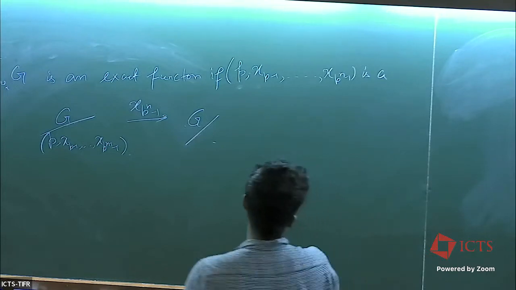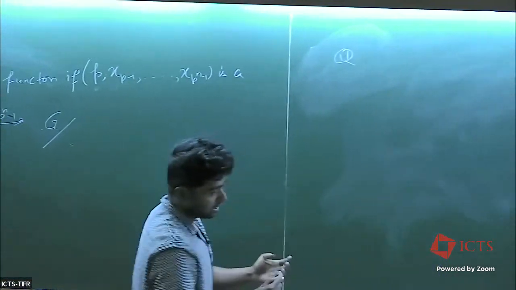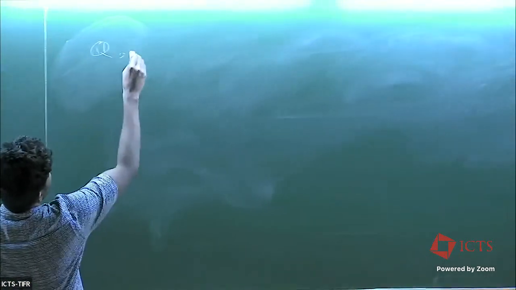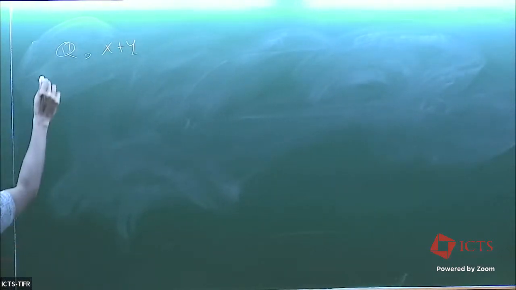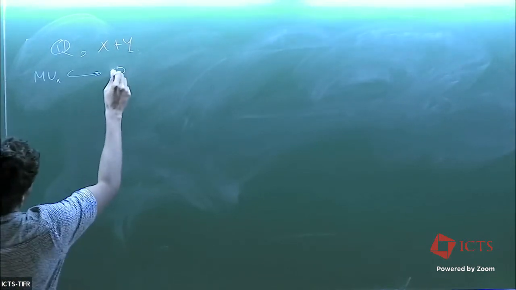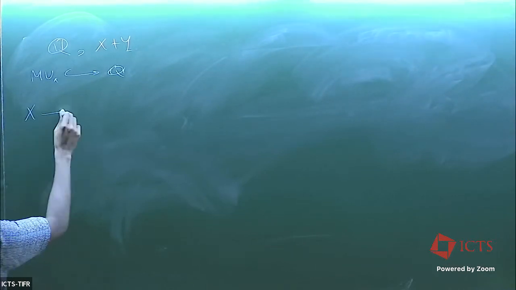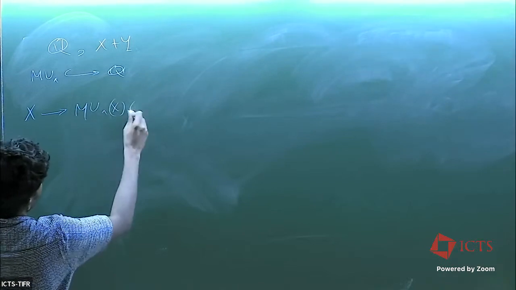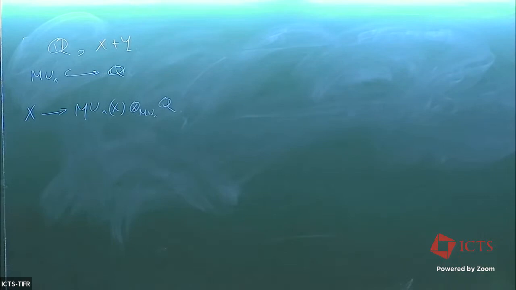I can say that I started with Q, and then I had a group law over that. The formal group law over Q is x plus y, and this gives us a module structure over Q. Because this is Landweber exact, x goes to mu star x tensor mu star of Q is a homology theory.